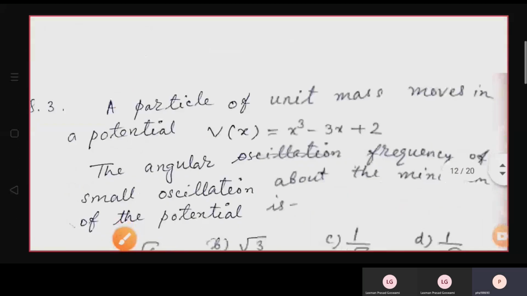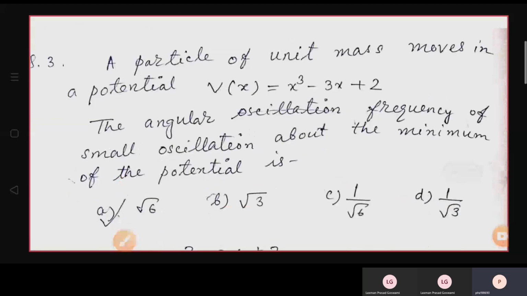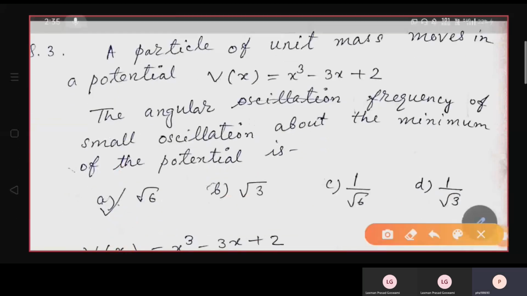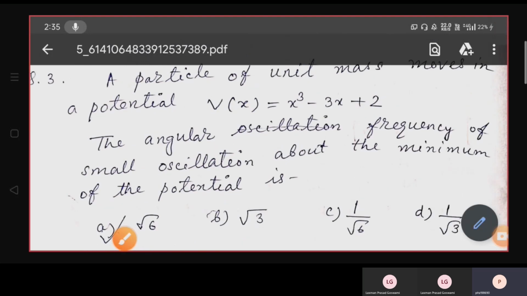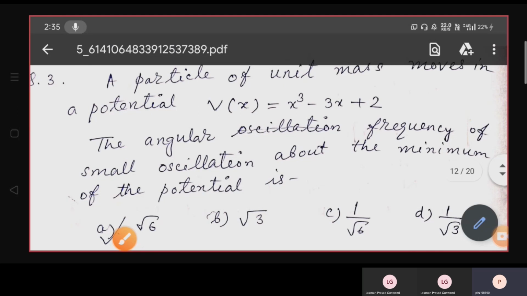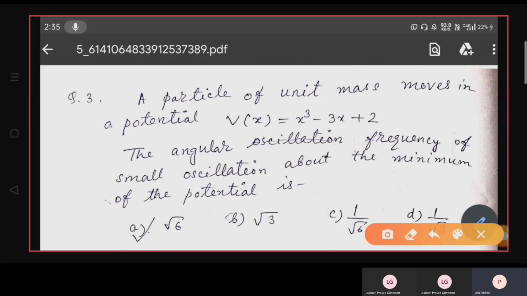The next question is: a particle of unit mass moves in a potential V(x) equals x cubed minus 3x plus 2. The question asks for the angular frequency of small oscillation about the minimum of the potential. Now, we have to understand it very thoroughly because there are some very specific points about small oscillation.